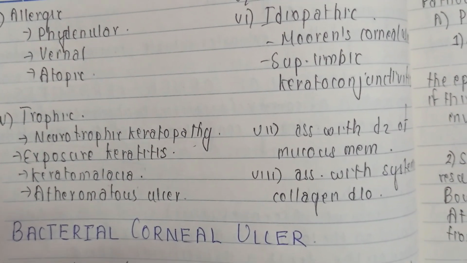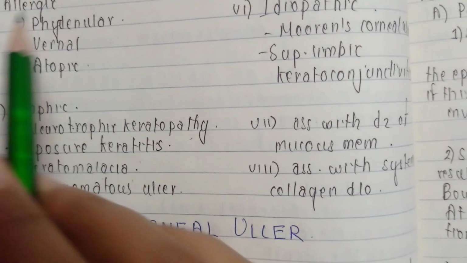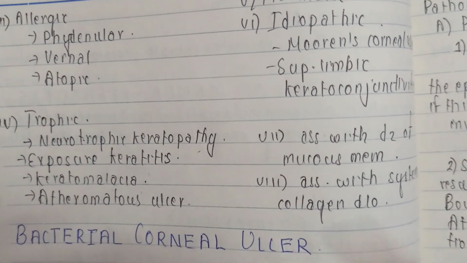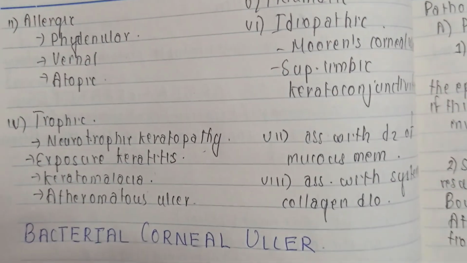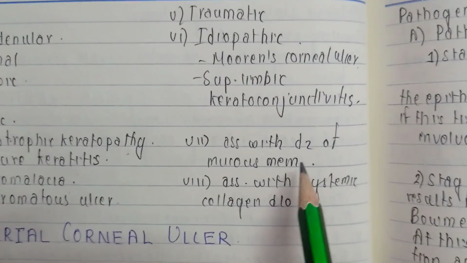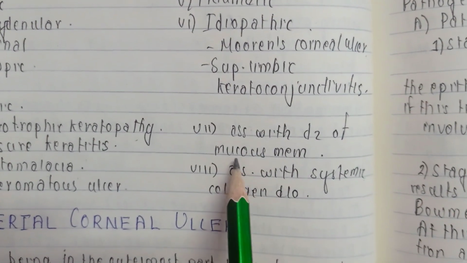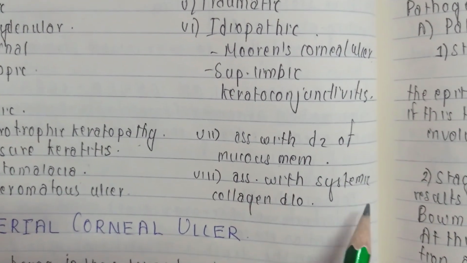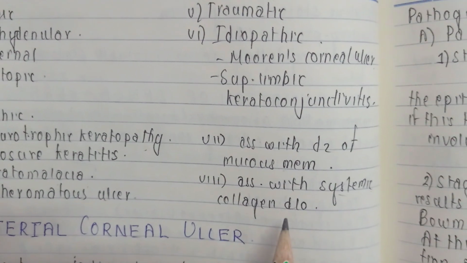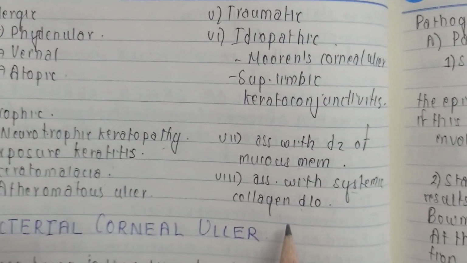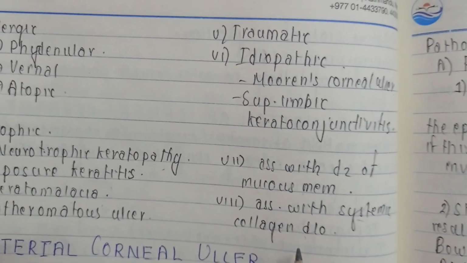For immune mediated we have allergic conditions, we have traumatic conditions, as well as infective conditions. There is also association of corneal ulcer with mucous membrane disease and with systemic collagen disorder. So this much for classification. We'll discuss bacterial corneal ulcer in the next part.